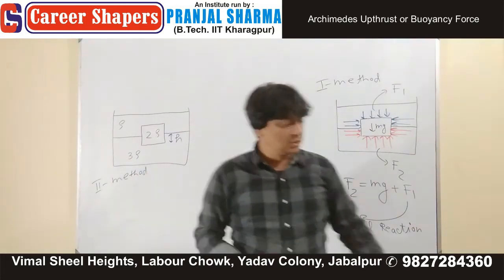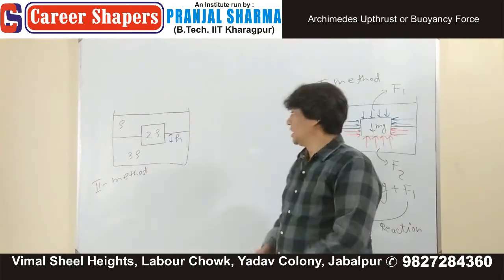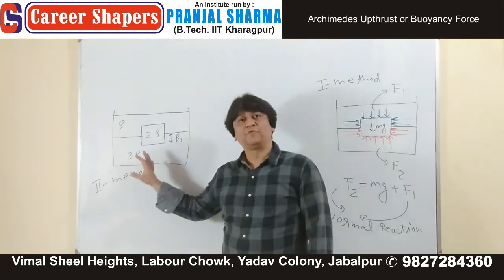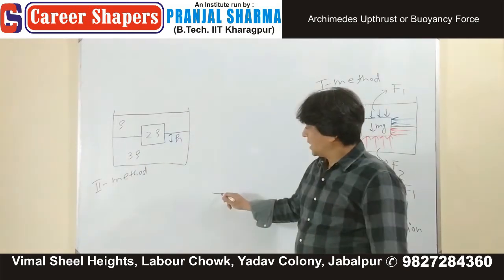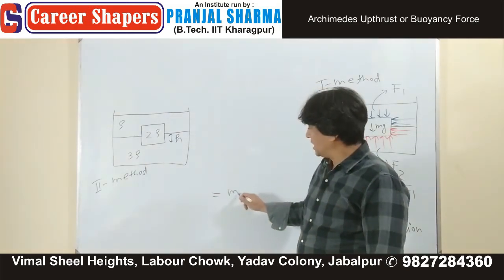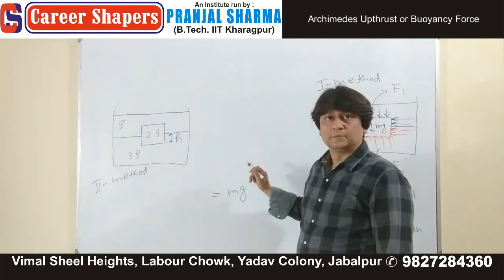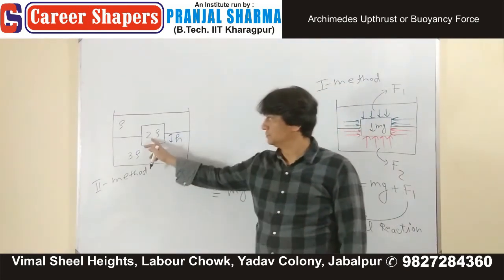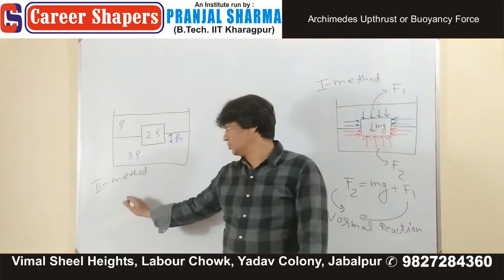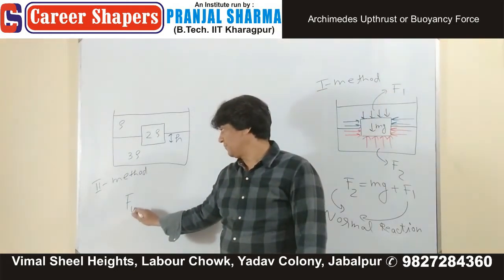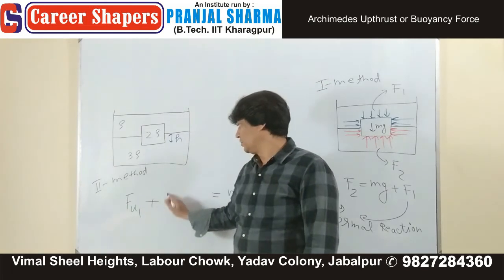Second method क्या बोलता है? Second method ने बोला ऑब्जेक्ट फ्लोट कर रहा है. Yes, good. एक तरफ क्या कर दो बॉडी का वेट. What is the body weight? mg. We'll find that. दूसरी तरफ होना चाहिए Fu1, Fu2.